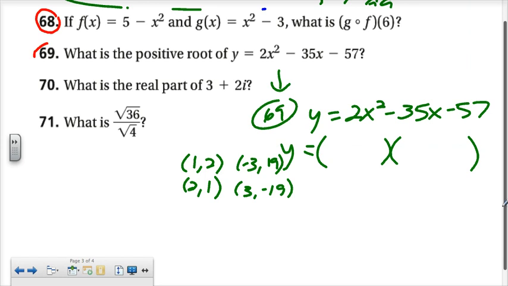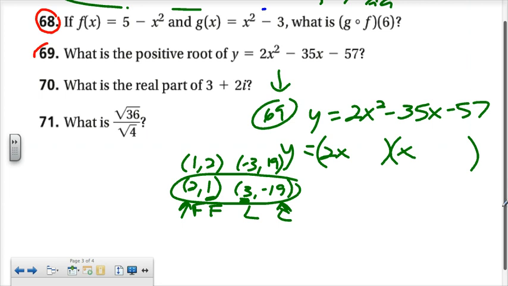And before too long, you figure out that you have a combination here that's going to work, that's going to give you the negative 35 in the middle. And that is right here, because outside times outside gives you negative 38, inside times inside gives you positive 3. So it's first and first, last and last.